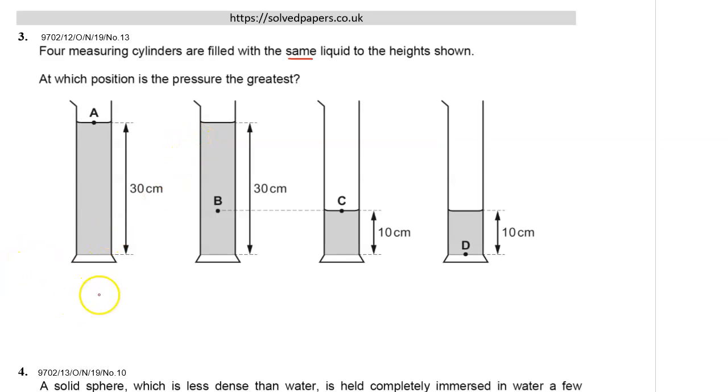We know that, of course, in liquids, pressure is equal to density times g times height.